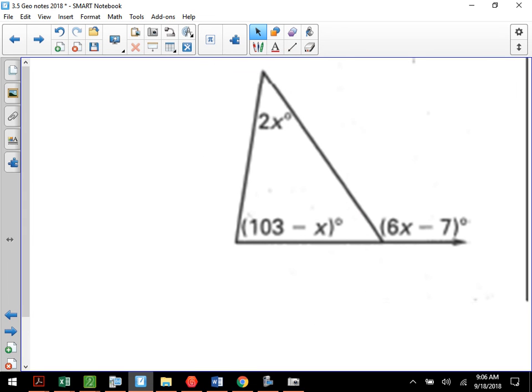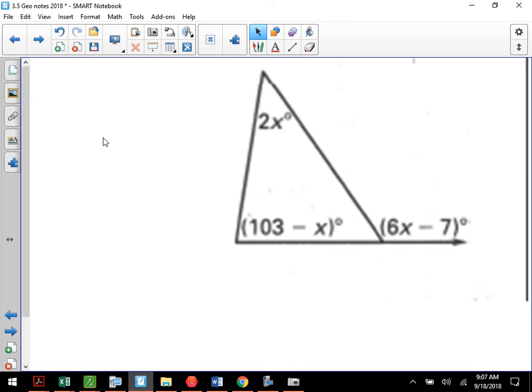So you can see it. See, again, you've got an exterior angle.